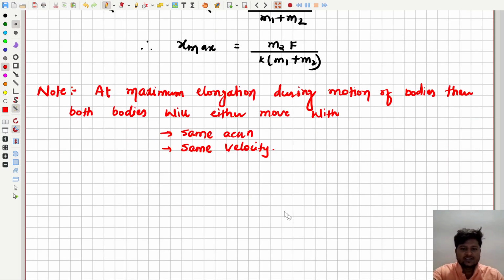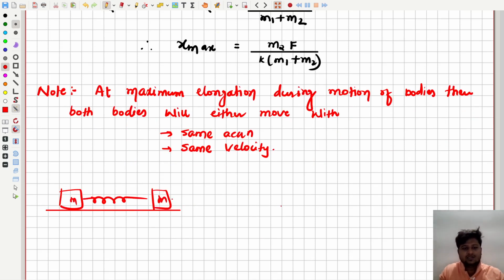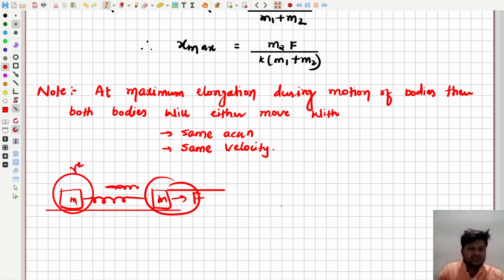See, let's suppose I'll take one scenario. Block of M is there. I attach one spring and I attach another. Now I started pulling this. You have started pulling this mass. Slowly you are pulling it. So till the time you are slowly pulling it, the spring will stretch. Till the spring is stretching, this mass remains at rest or not? Reply me yes or no. Correct.